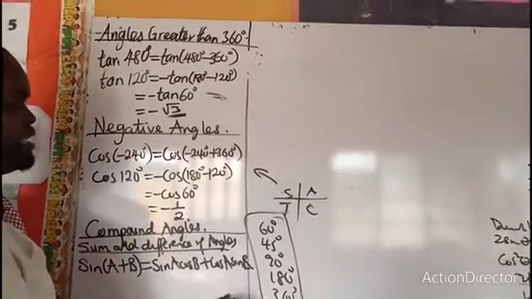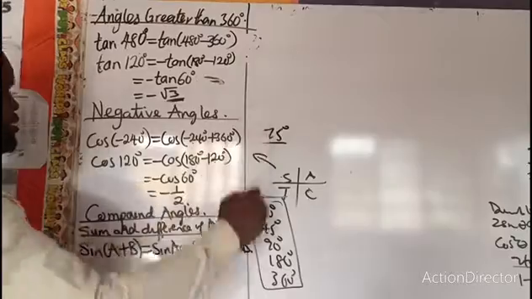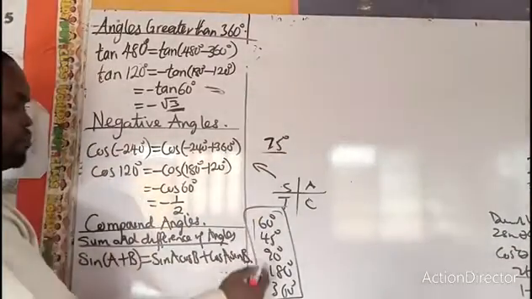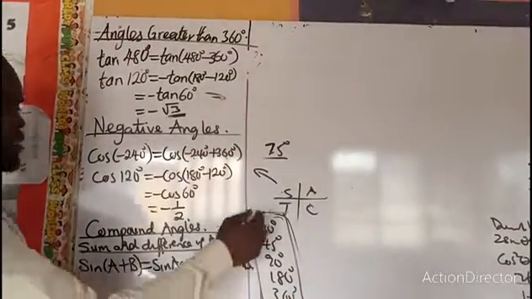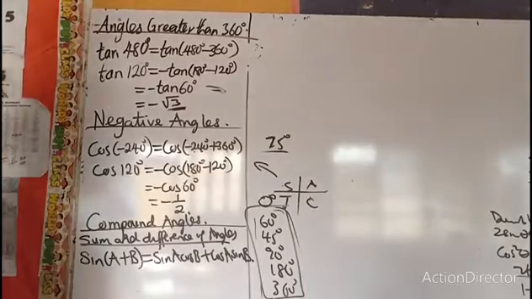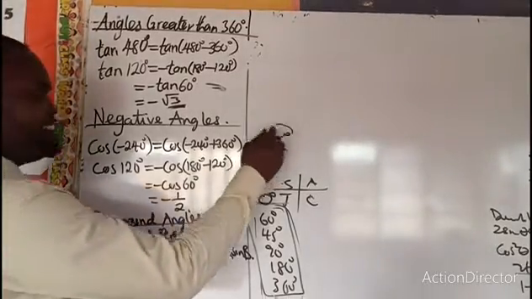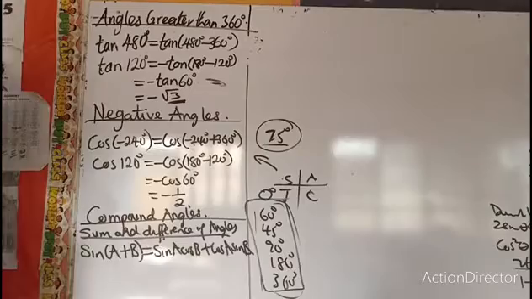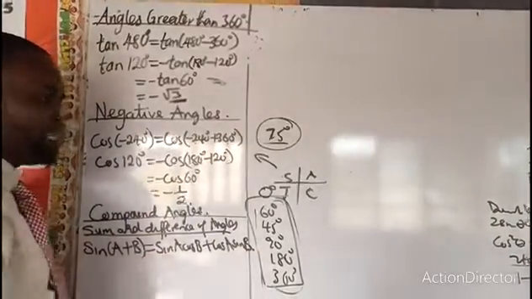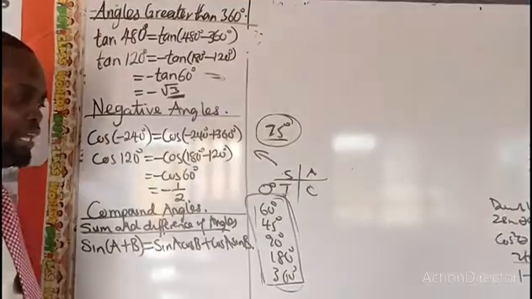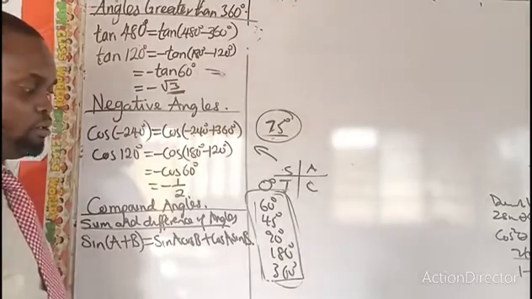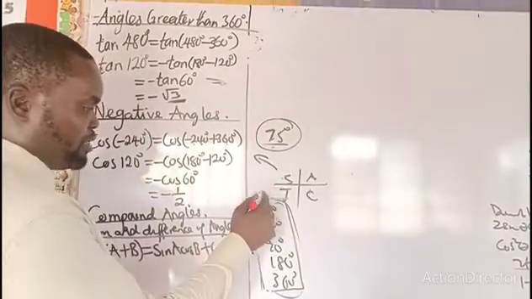When we are given something like angle 75 degrees, 75 degrees does not fall among the numbers we are already familiar with, starting from 0 degrees, 45, and so on. So we have to rewrite this 75 degrees using these. Can I add two numbers or subtract one number from another to give us 75 degrees? Among the numbers we also have 30 degrees.